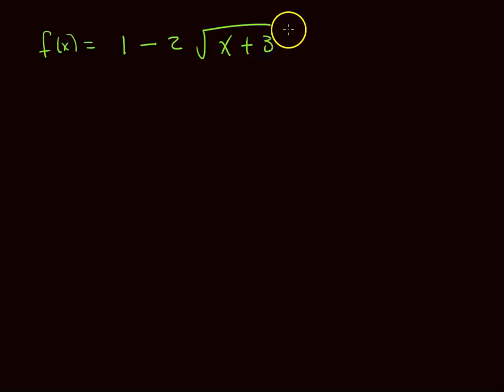How would we graph this function? I want 1 minus 2 square root of x plus 3. Well, let's see. What does this do?